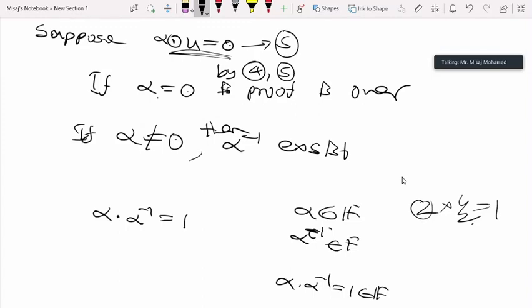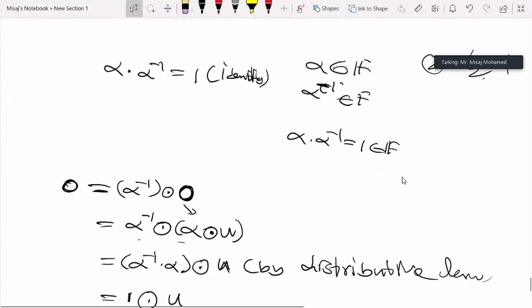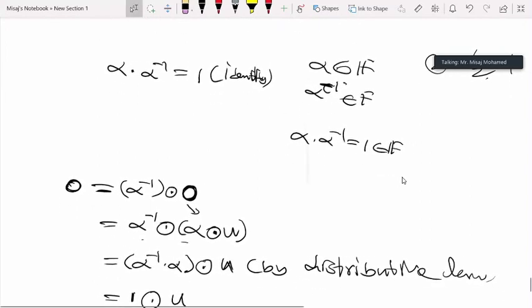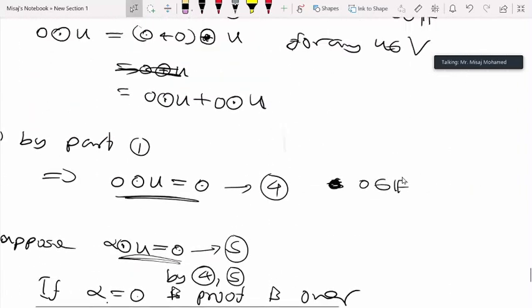So if alpha is non-zero, alpha inverse exists. Alpha into alpha inverse becomes the identity. So the 0 vector is equal to, I can write this one. Alpha inverse is also a scalar.